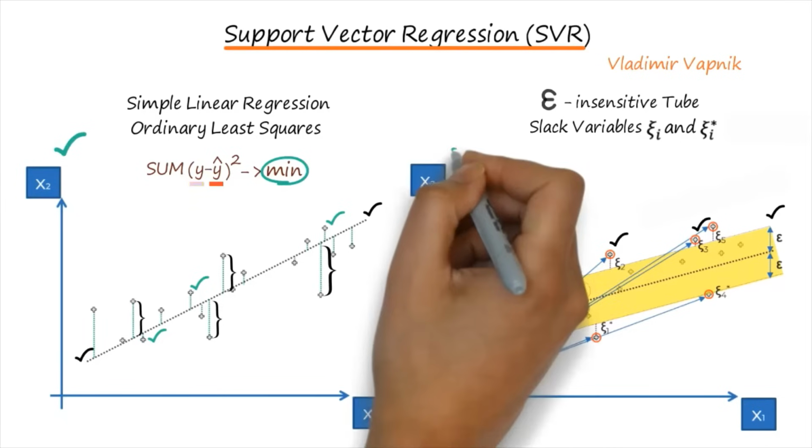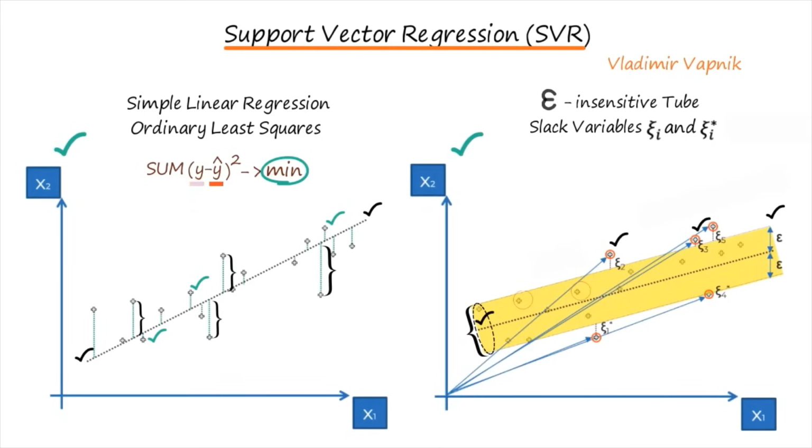But in the case of SVR, along with the regression line, we are creating one yellow colored tube, and in this tube whichever data points are there, they have some error. But here the concept of SVR is we are not going to care about this error.